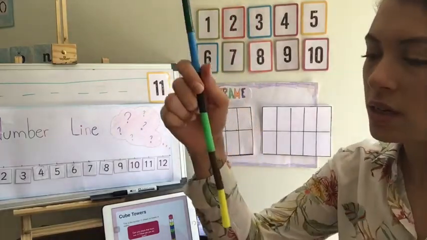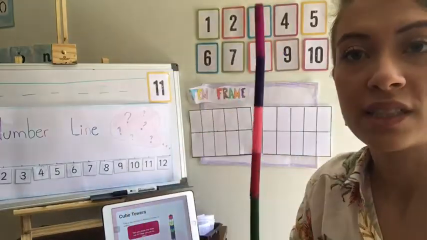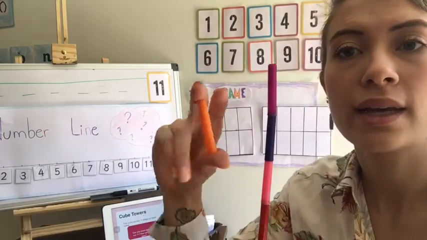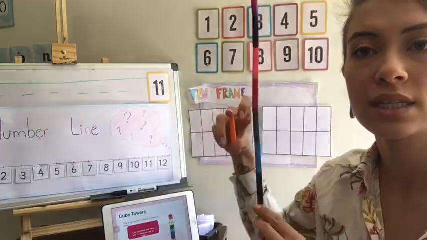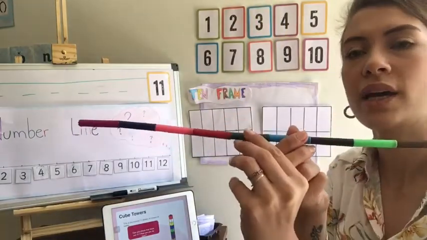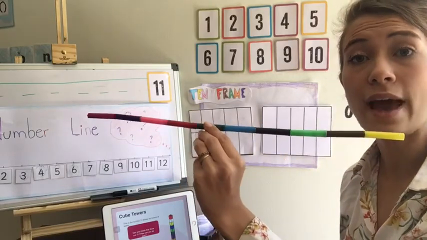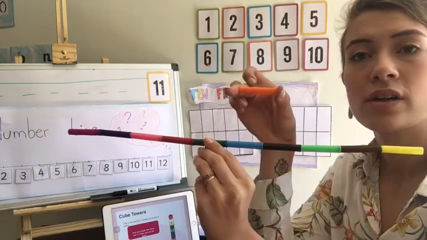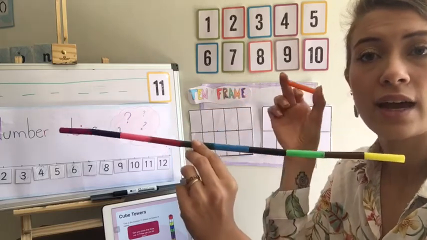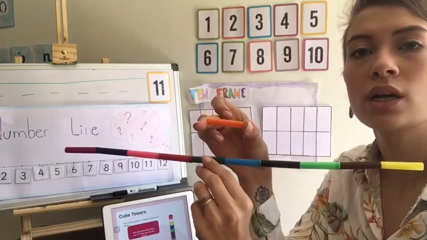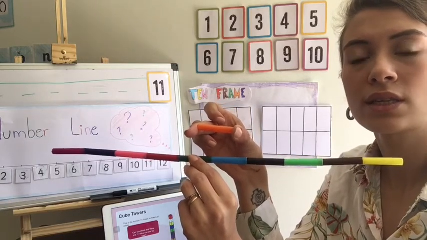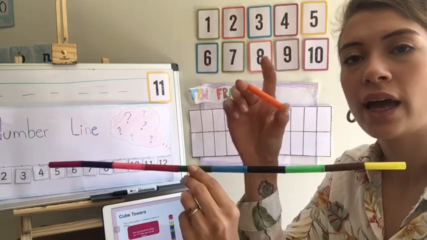This big tower represents 10, and my little one over here represents the 1. Then I have here a big tower with 10, and I have just 1 unit, to represent 10 add 1 equals 11, right?